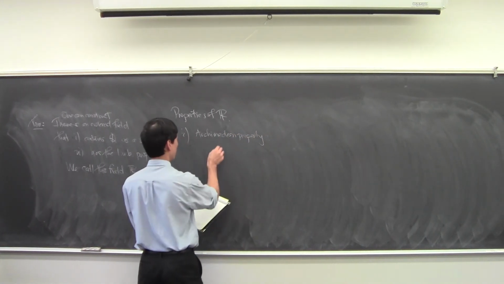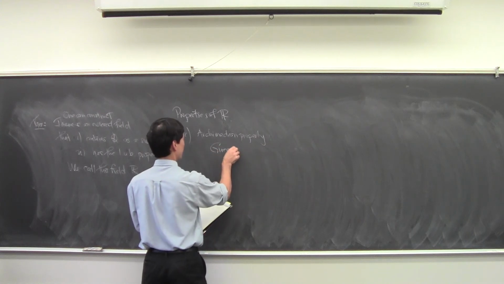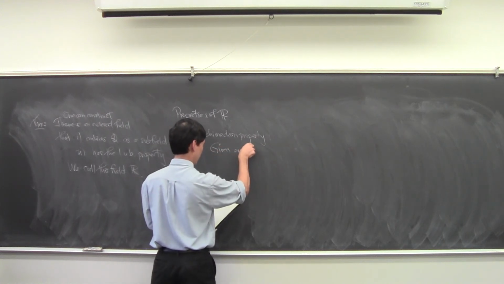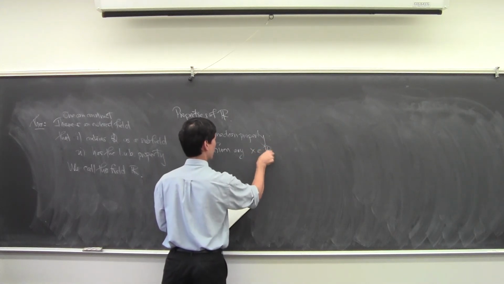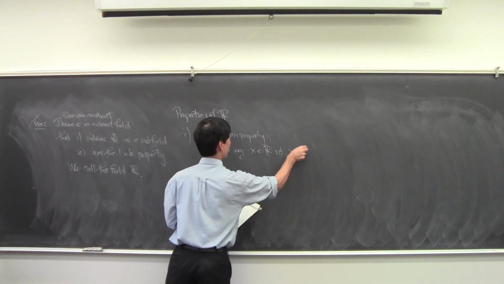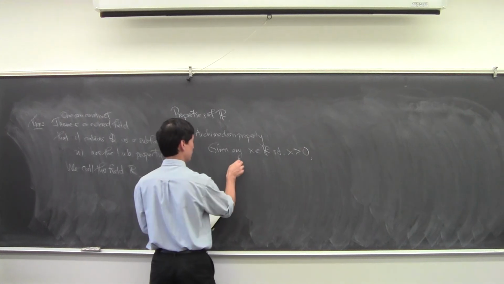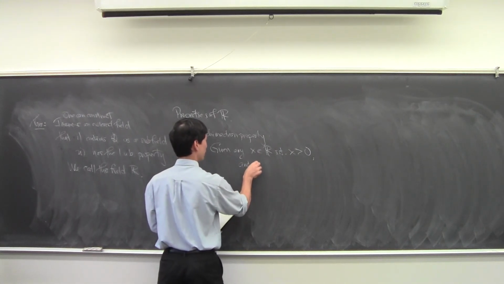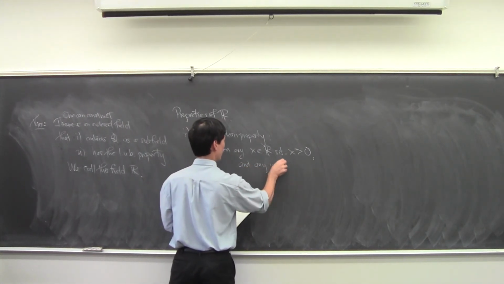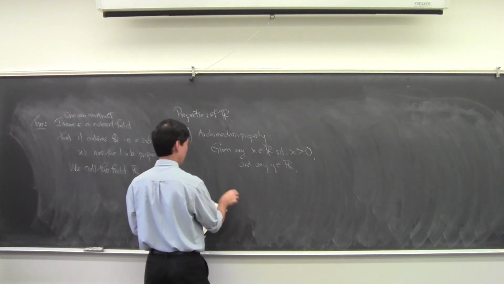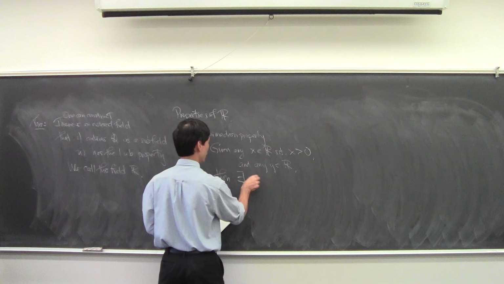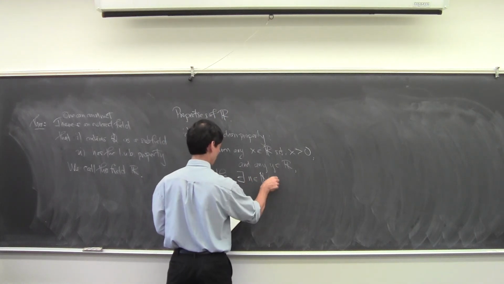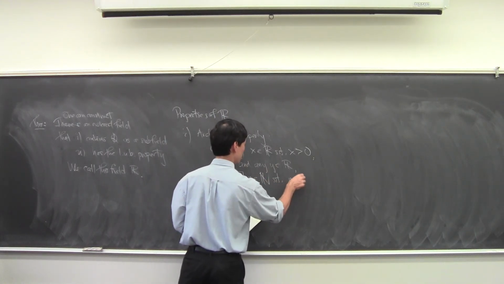Whenever you have any real number x that's positive and any other real number y, then there exists a natural number n such that nx is bigger than y.